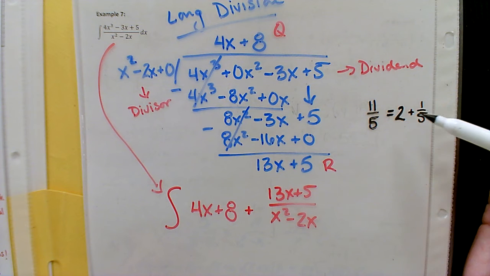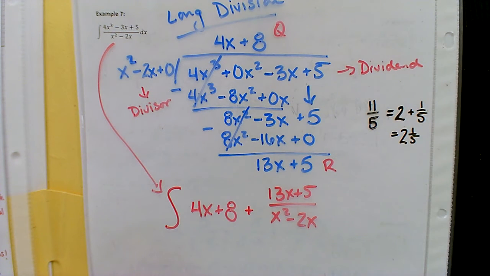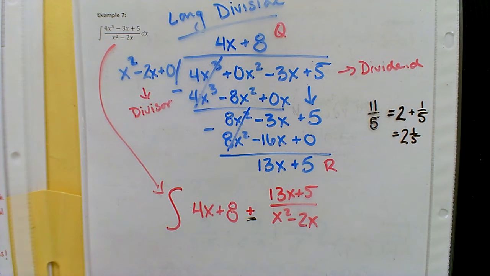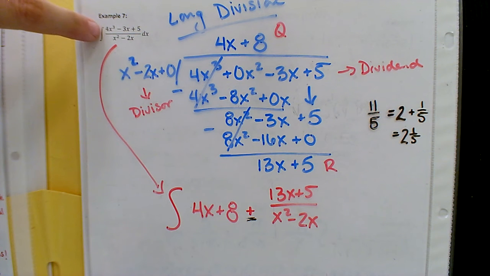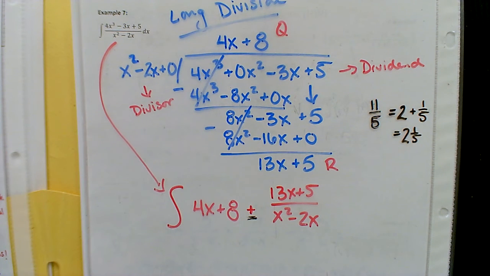So I know we don't normally write 2 plus 1/5, we just say 2 and 1/5, but we need the addition in this case because we're working with polynomials instead of just numbers. So this original fraction after long division can be rewritten as this mixed fraction or mixed number if you want to think about it that way.